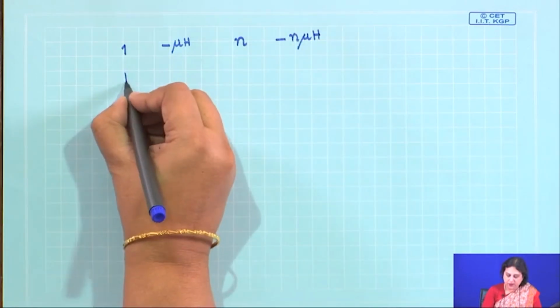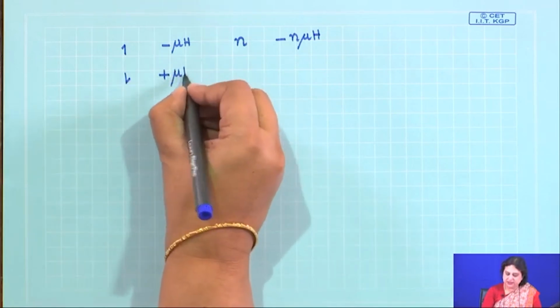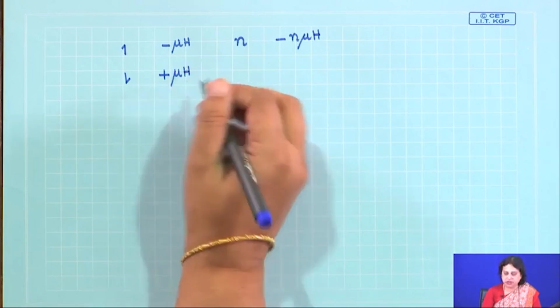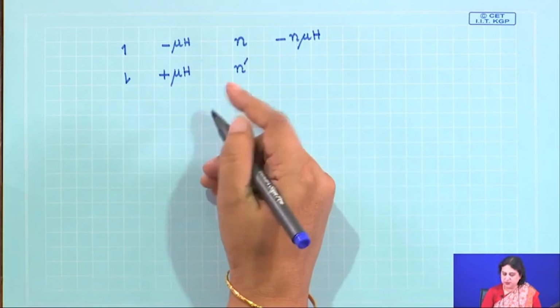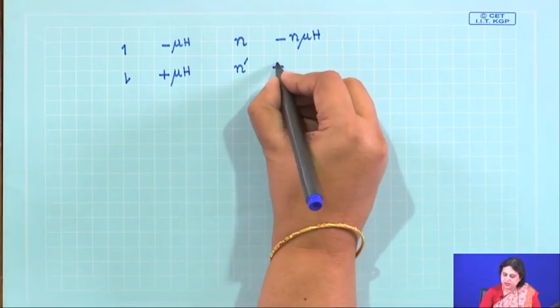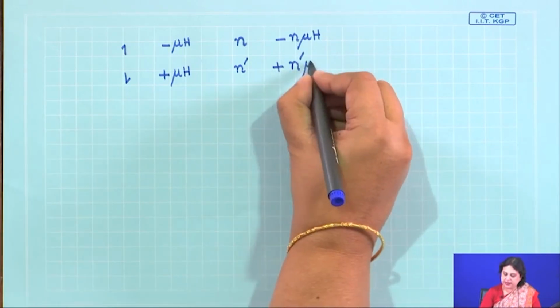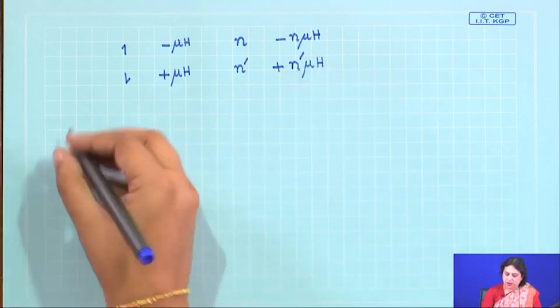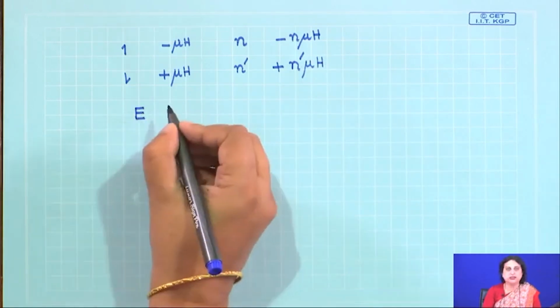Similarly, if I have one down spin, the contribution to the energy is plus mu h. So, if I have n prime such down spins, the total contribution to the energy would be n prime mu h.